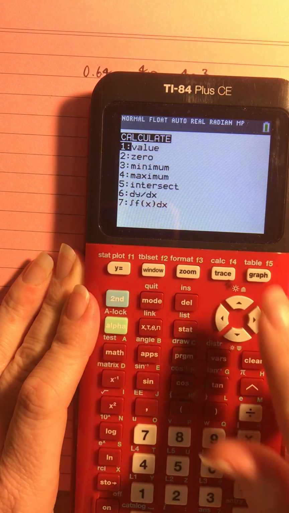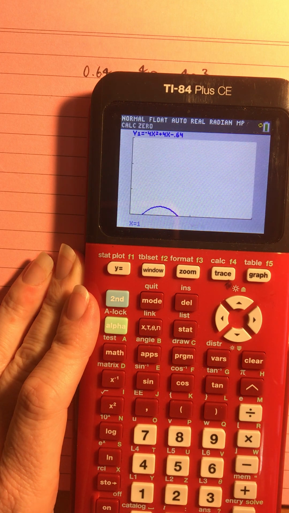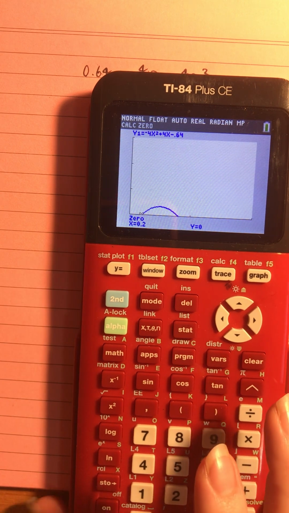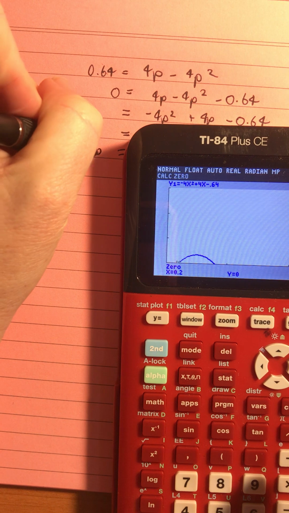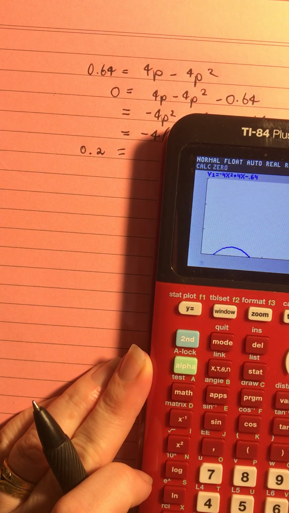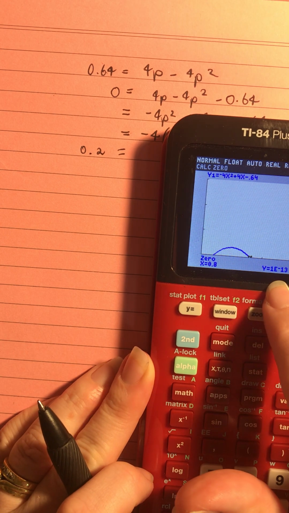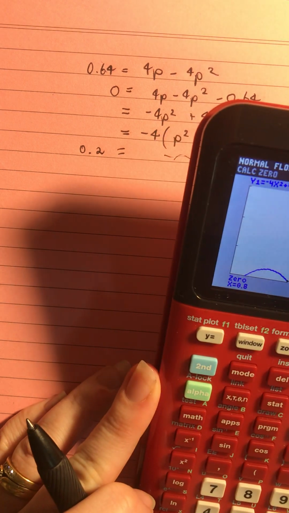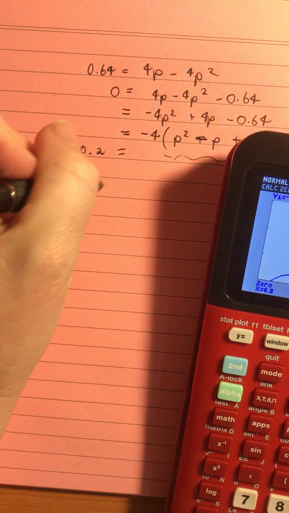So I'm going to go and find my first zero between 0 and, I'm going to guess 0.5. And we get 1 at 0.2. And then our other one is at x equals 0.8.